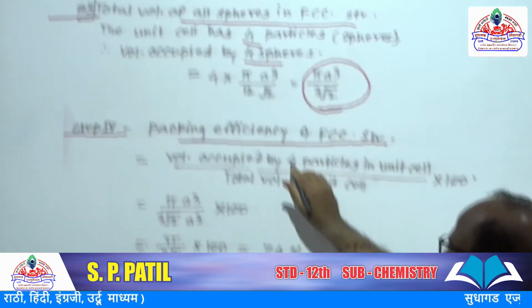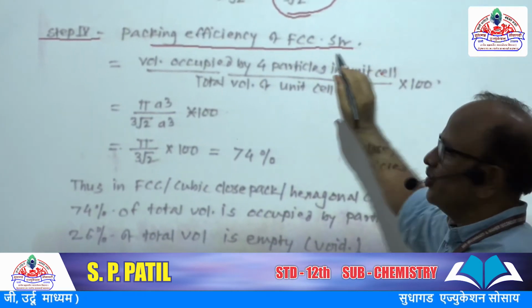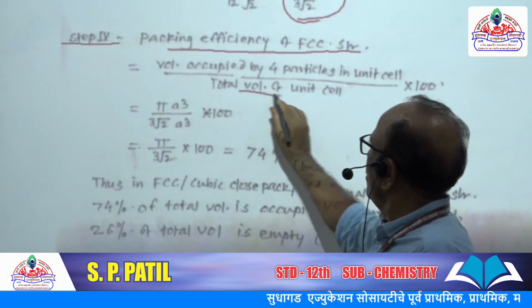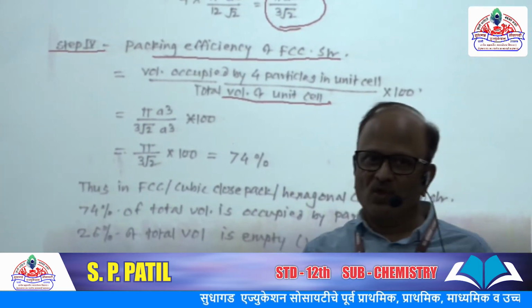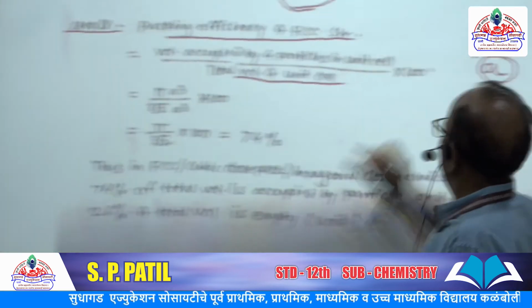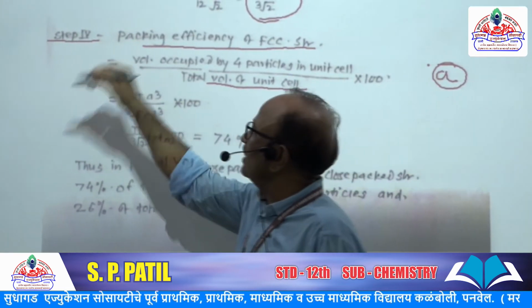Volume occupied by 4 particles in the unit cell divided by the total volume of the unit cell, whose edge length is a. A is the edge length that is given.